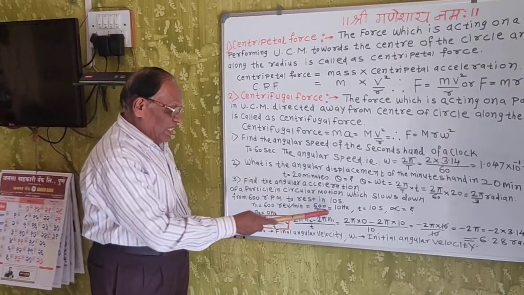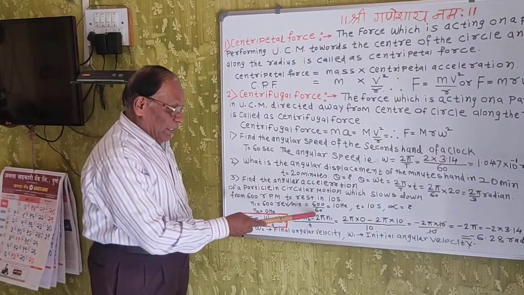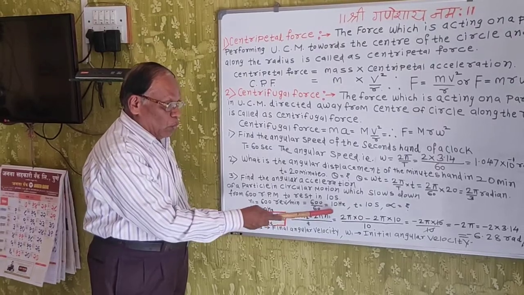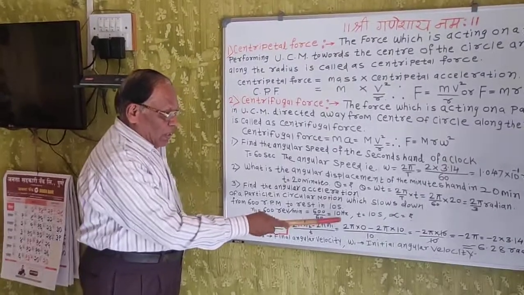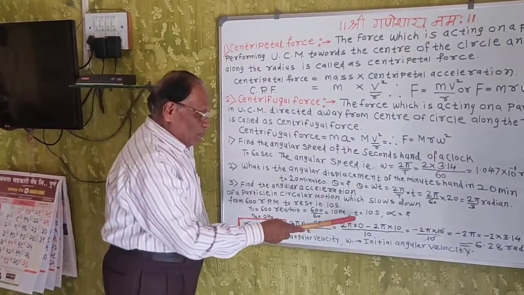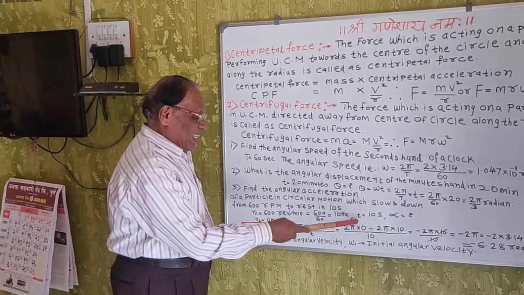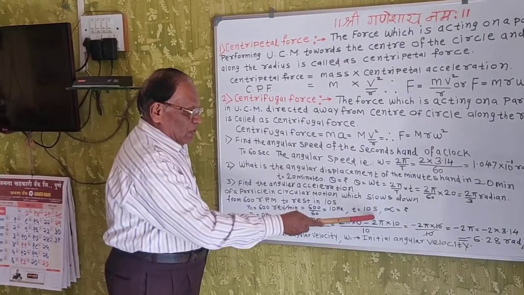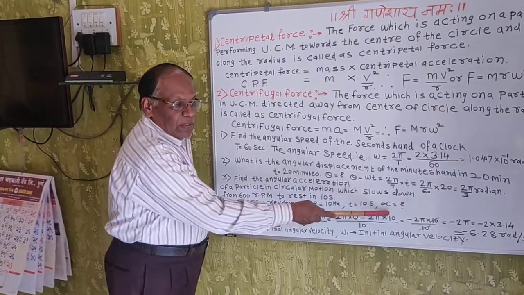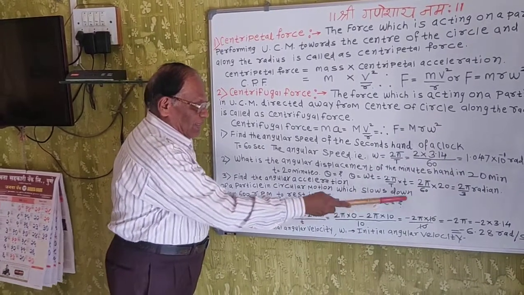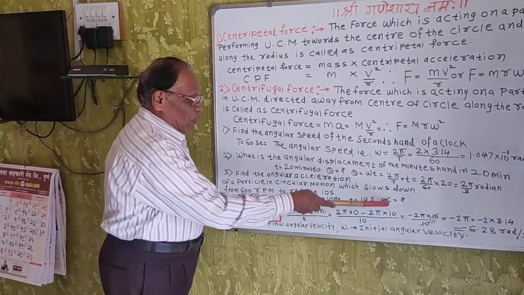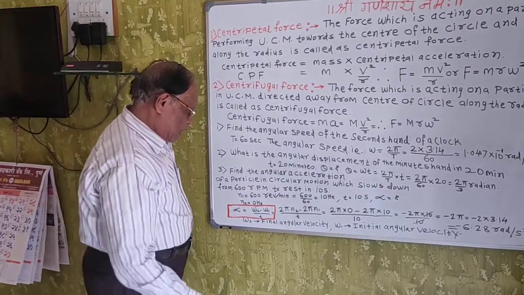Therefore, 600 divided by 60 is equal to 10 hertz. And here the small t is 10 seconds, and we have to calculate angular acceleration alpha. Therefore, in front of alpha a question mark.